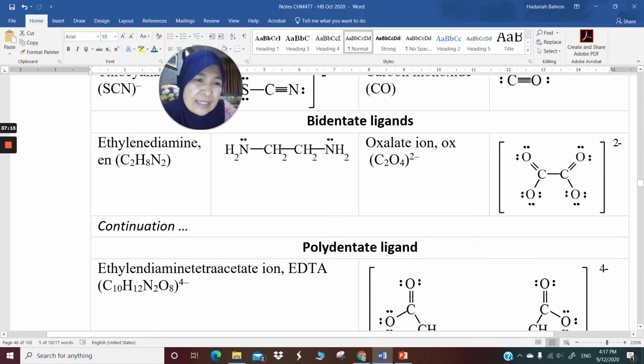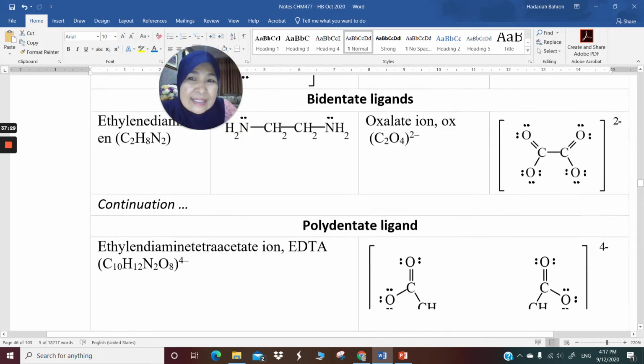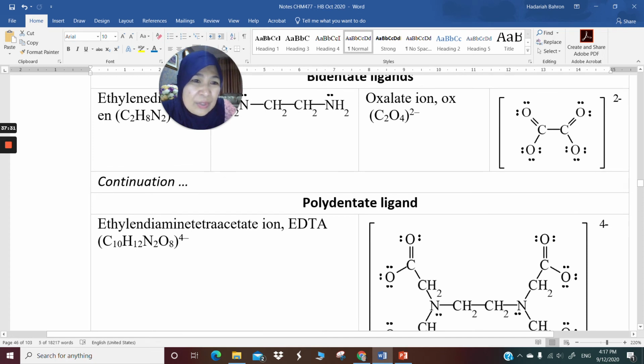It actually comes from oxalic acid, where there is H here and there is H here. So when these two have lost their protons, they become oxalate ion, and the oxalate ion can bind to metal through this oxygen and that oxygen, biting the metal at two different places. So oxalate is called a bidentate ligand.